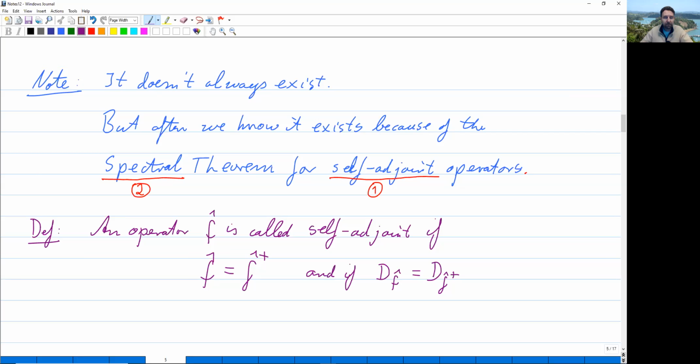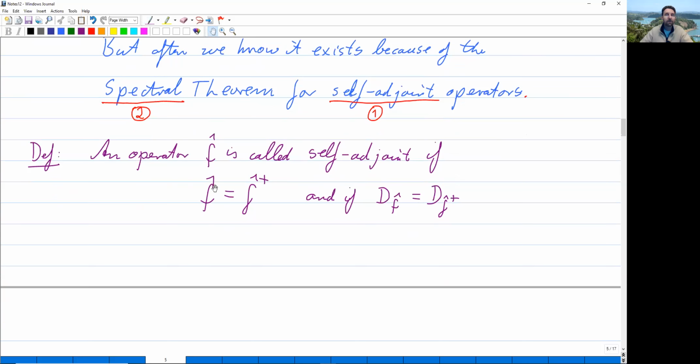If they would map a vector out of the Hilbert space, then that vector cannot be in its domain. So we have to check not only that F hat and F hat dagger act the same way on vectors that both can act on, but also, for self-adjointness, that both are allowed to act on the same set. And that's non-trivial, coming from the definition of what F hat dagger is.